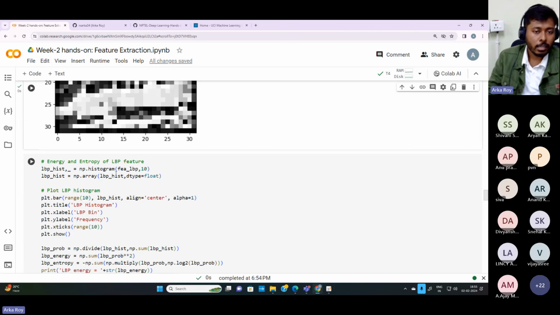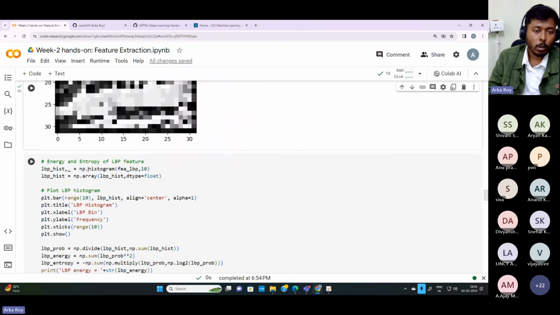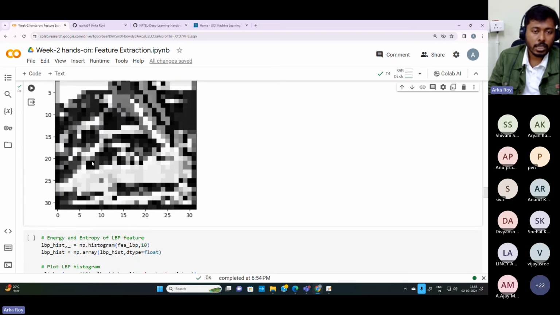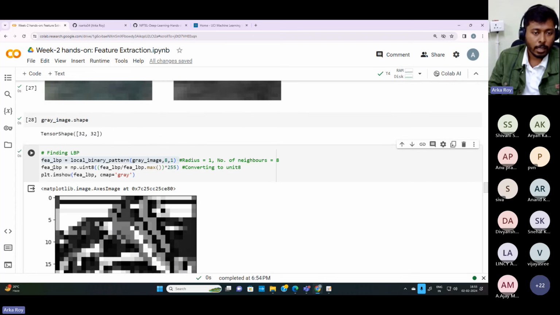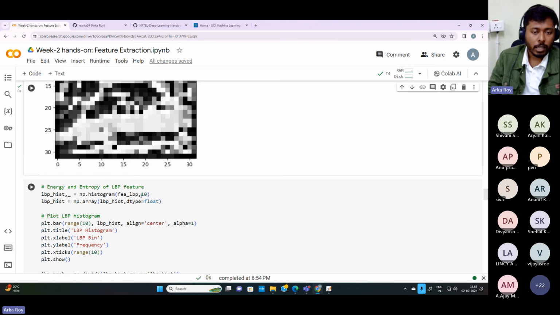You can get a histogram using numpy. Over here, this is the numpy library, and you can call the histogram. You want to get a histogram of this image, whose name is FEA-LBP, and we are setting the bins to 10.